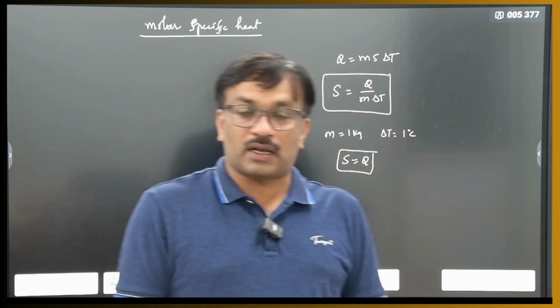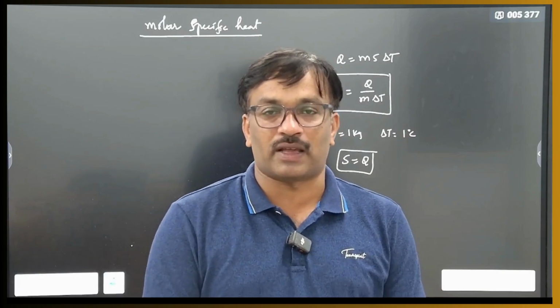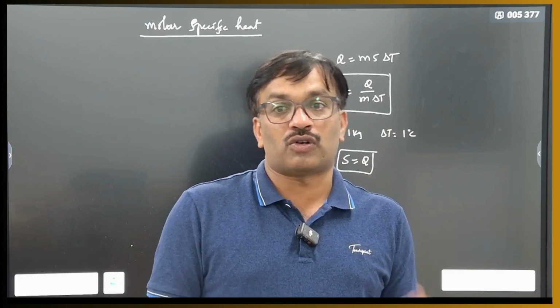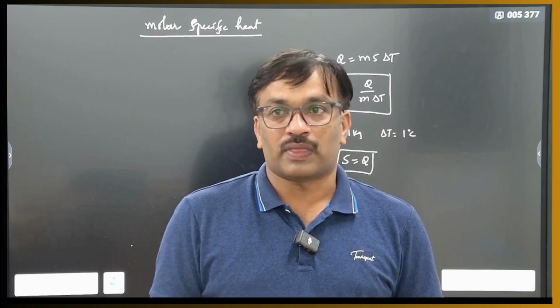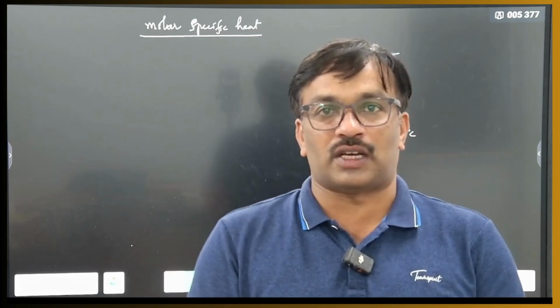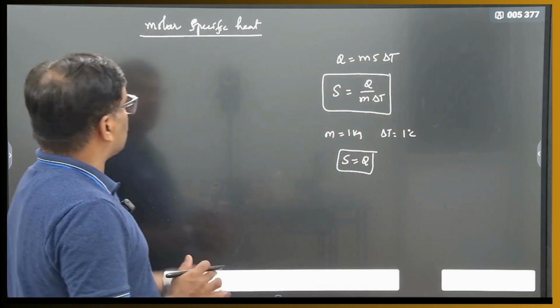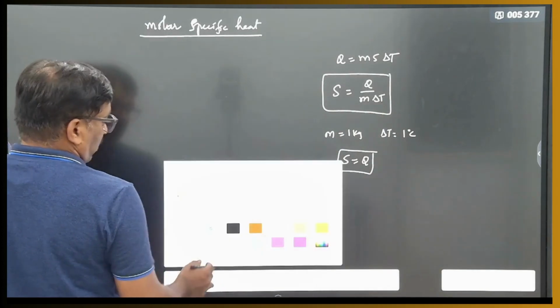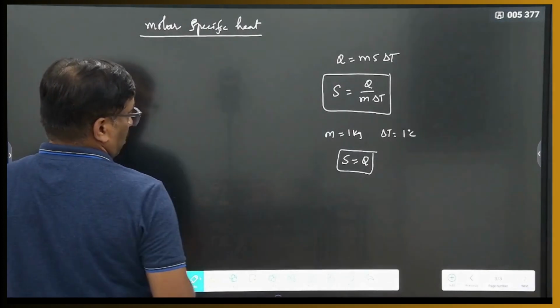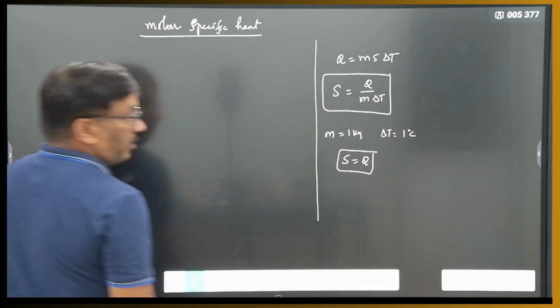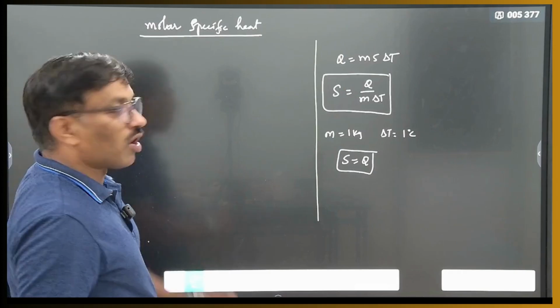That is said to be the specific heat of solids and liquids we studied. But in terms of gases, when you are supplying the heat energy for gases, you have to take conditions like this. Either you have to keep the volume constant, or you have to keep the pressure constant. That's why molar specific heat capacities will have two values: one at constant pressure and one at constant volume.